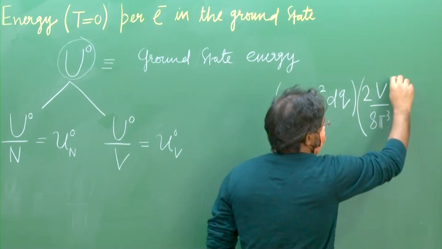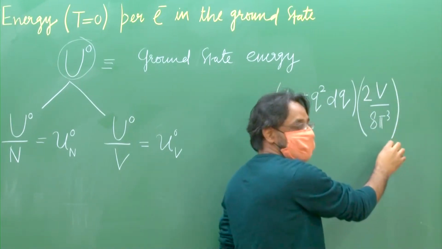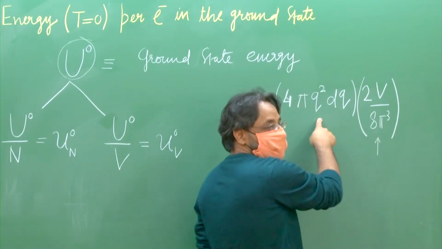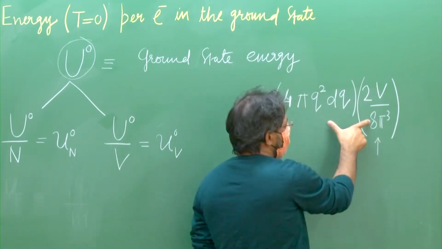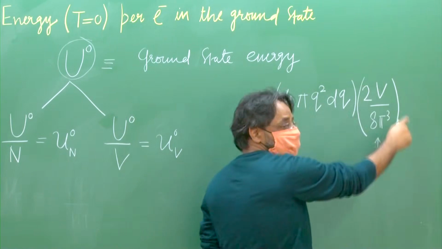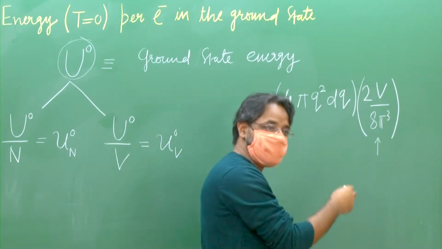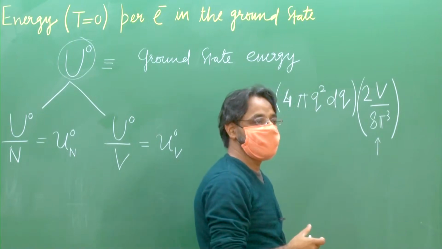Now, this is the density of quantum states actually, and I multiplied it with the volume of the shell. So, this quantity gave me the number of quantum states, or the number of electrons, in the shell that I have considered.